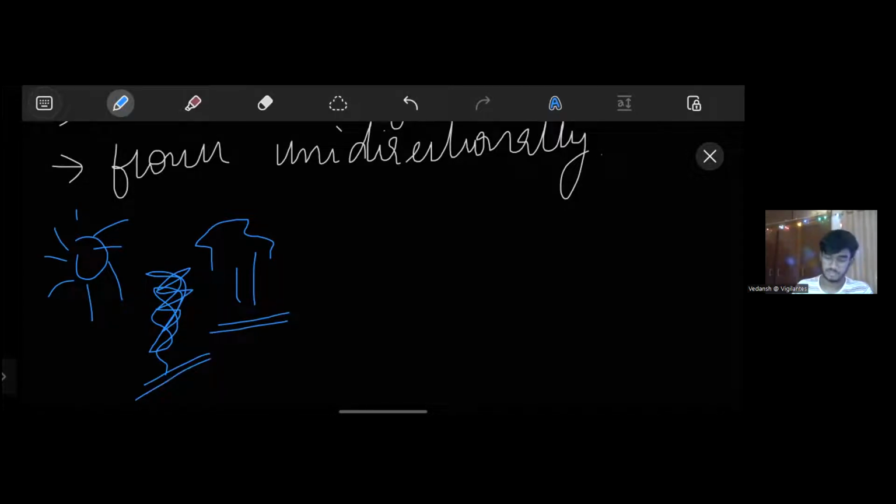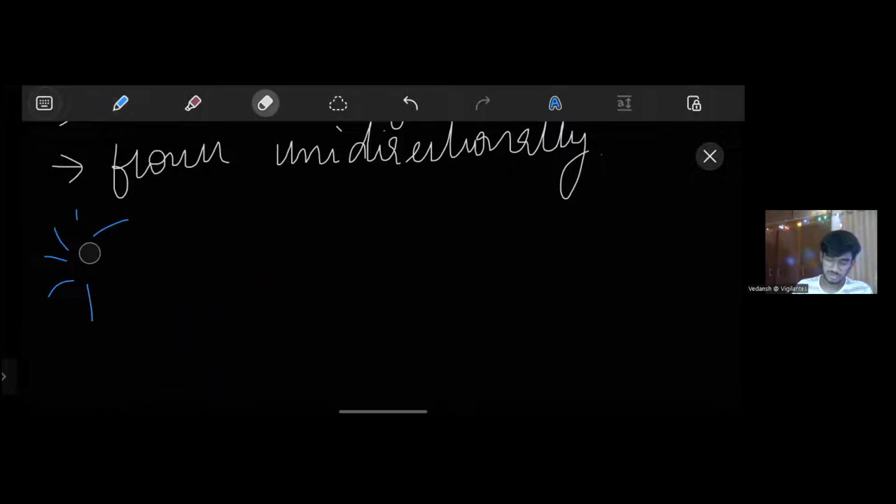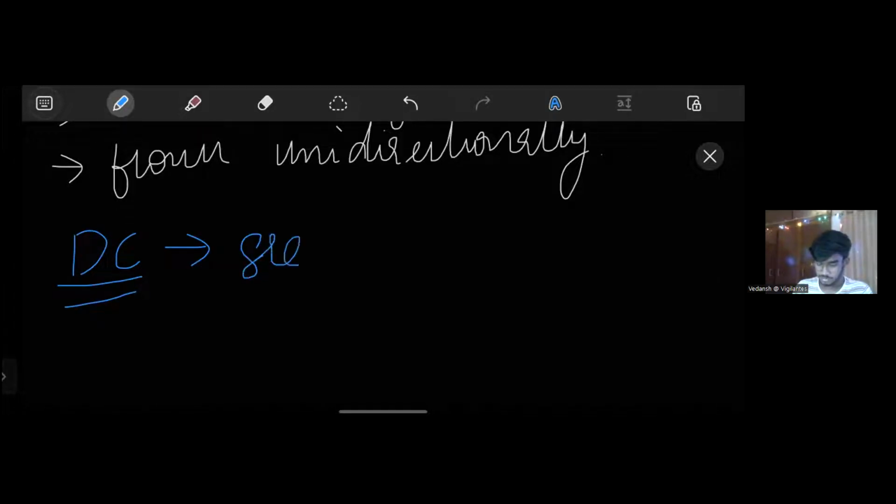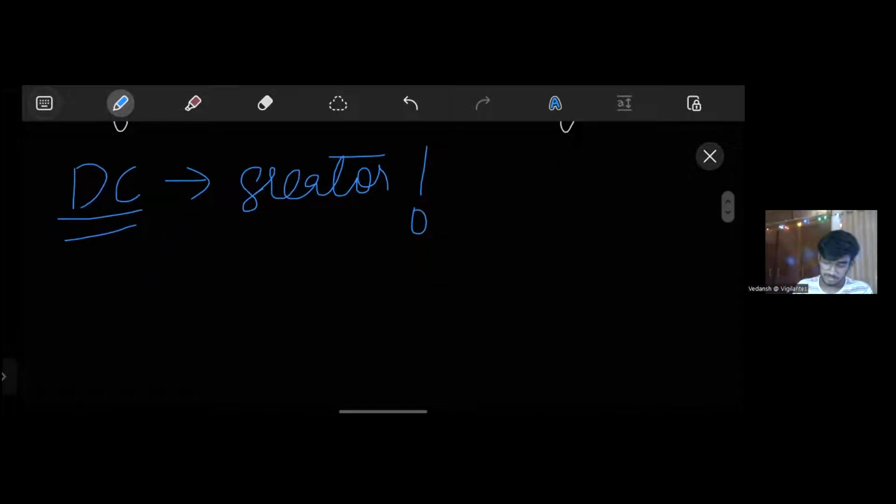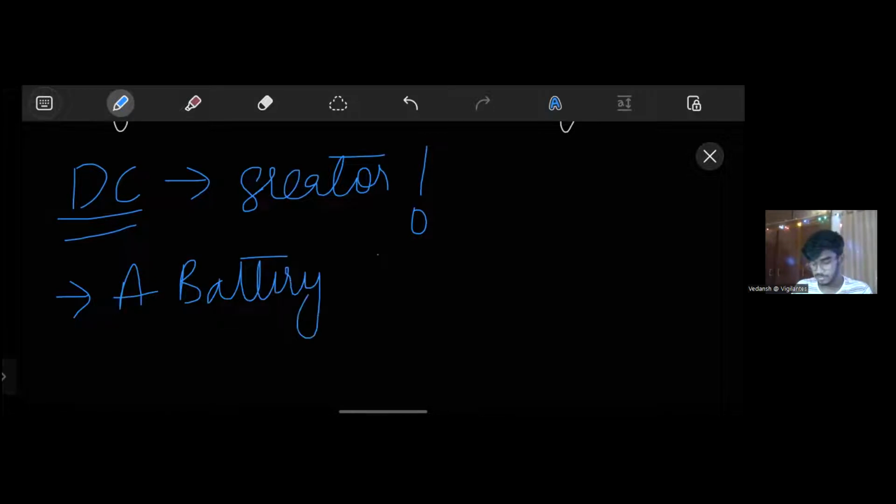In the same way, we need to understand that direct current also has a creator. And what is that creator? That creator is indeed a battery, or you can say a dry cell. Don't forget to mention dry over here.